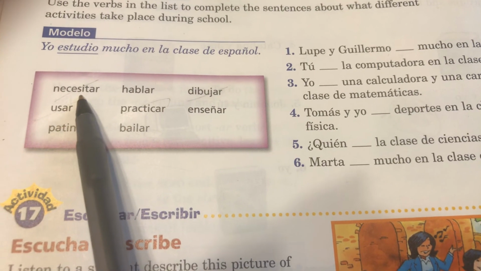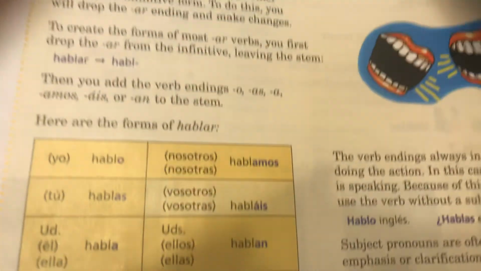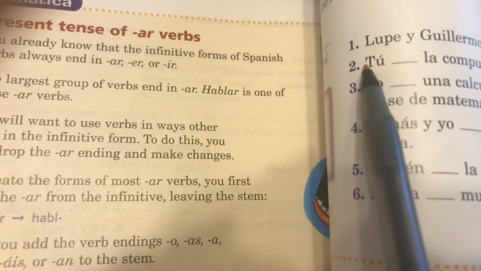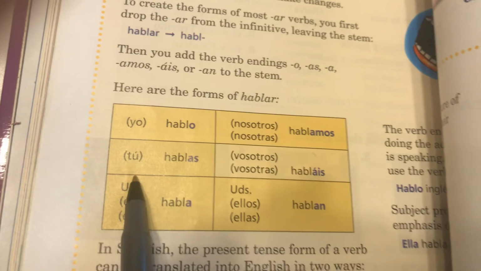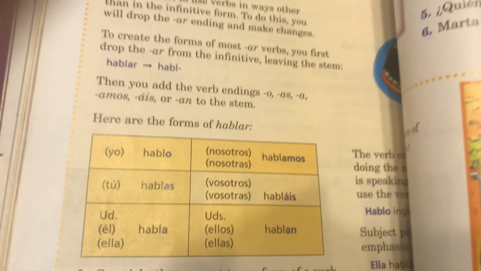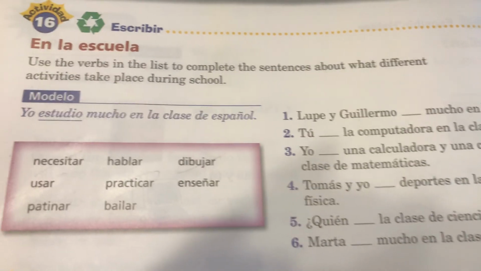Would it be to need, to use? Once you know which one, you go back. And they're already giving you the answer here. They're using the tú form. And so you'll know which ending to use. Okay, let me know if you have any more questions with this actividad.